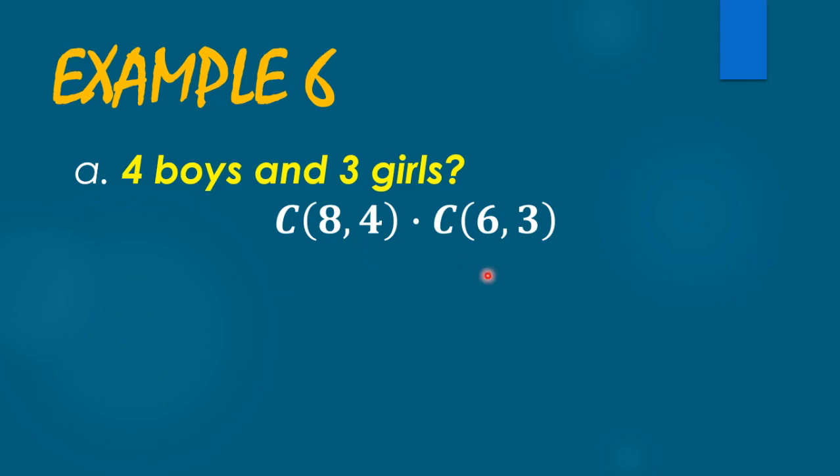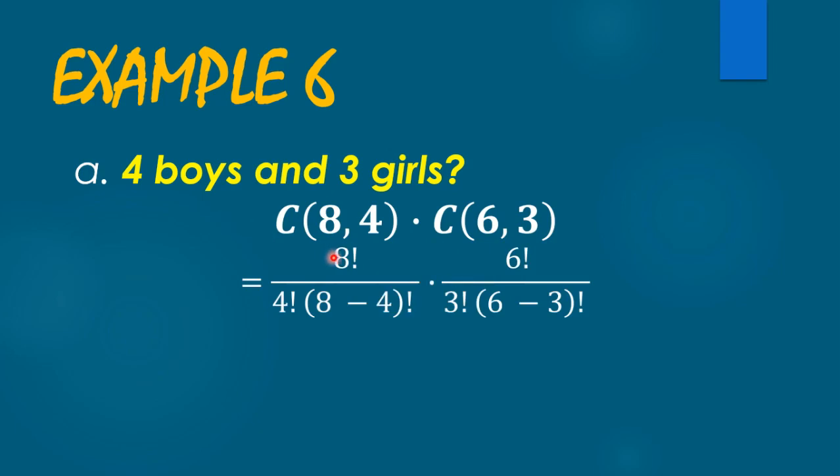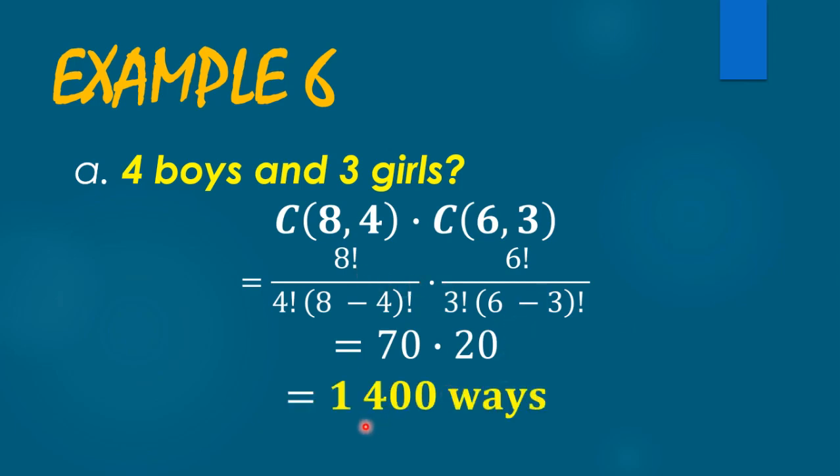First, we have 8 factorial over 4 factorial times 8 minus 4 factorial, times 6 factorial over 3 factorial times 6 minus 3 factorial. Simplifying this expression, this will be equal to 70 times 20, and that is equal to 1,400 ways.